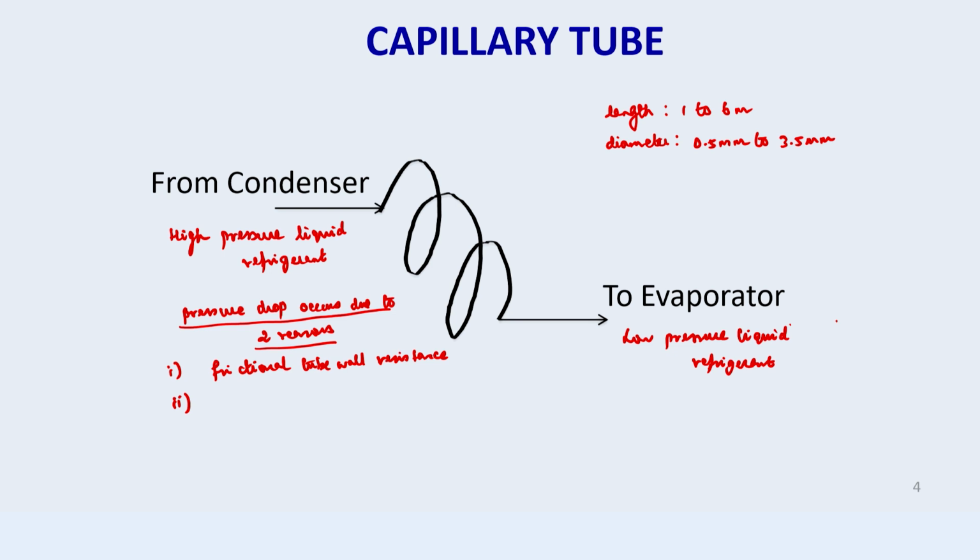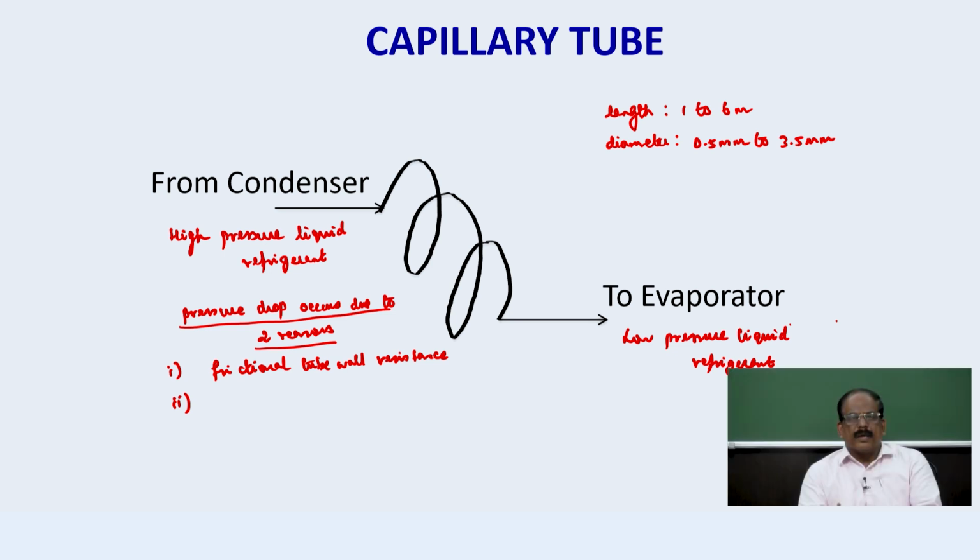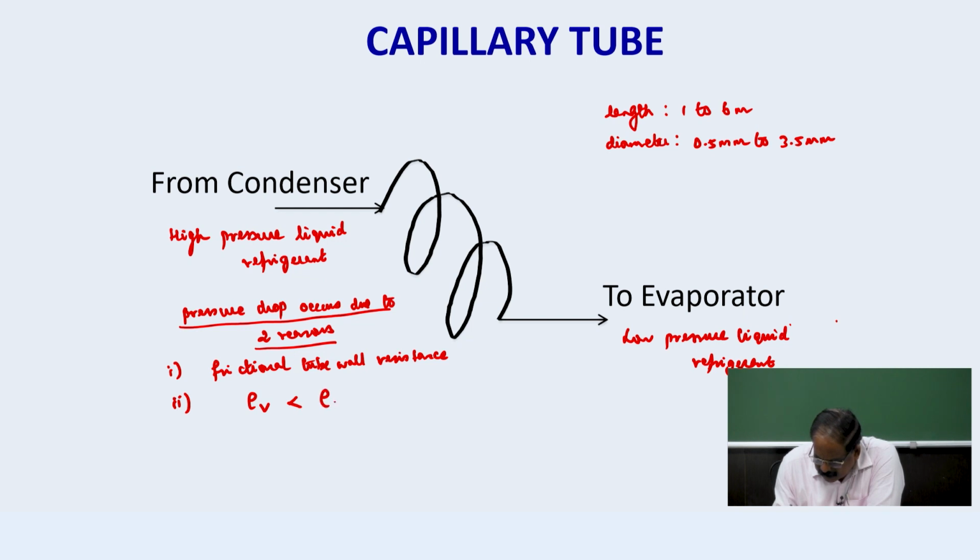That means after flashing, it will be a combination of liquid and vapor, that is a mixture of liquid and vapor. So what happens? The density of vapor is less than the density of liquid.